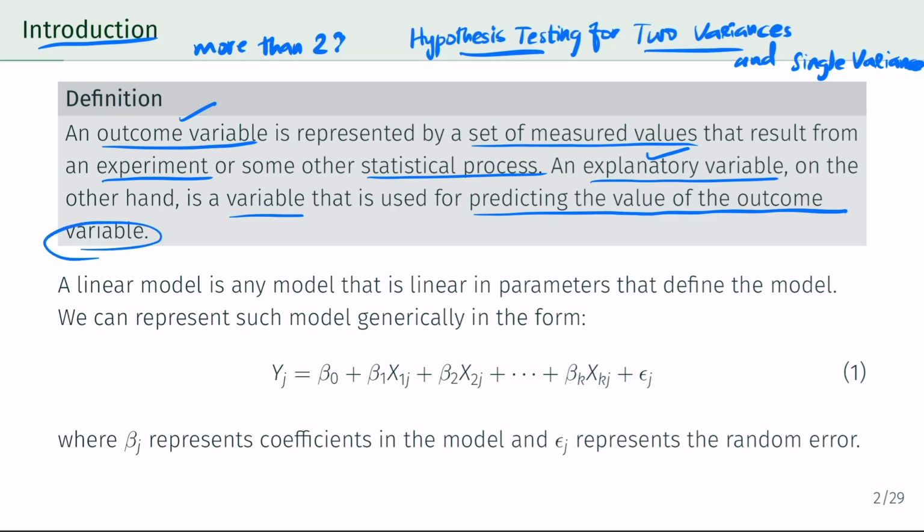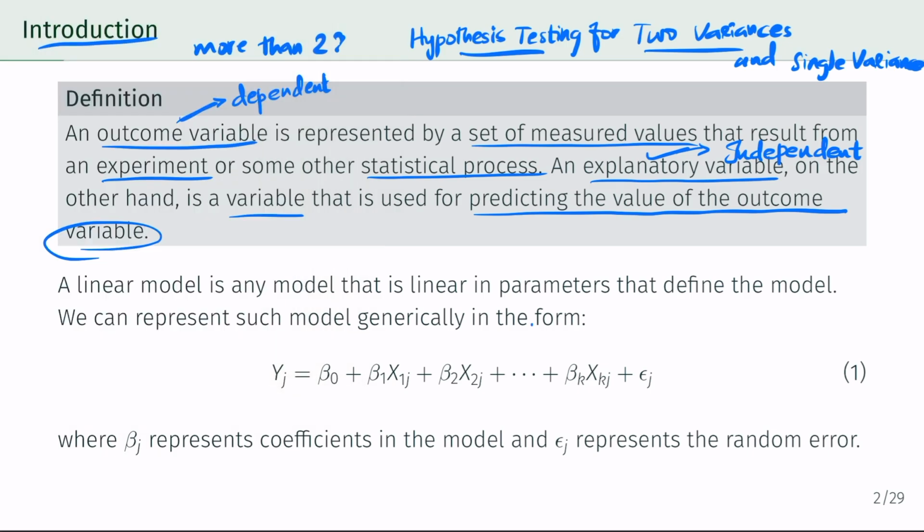So one is the dependent variable and one is the independent variable. Outcome variables are also called dependent variables, and explanatory variables are also called independent variables.